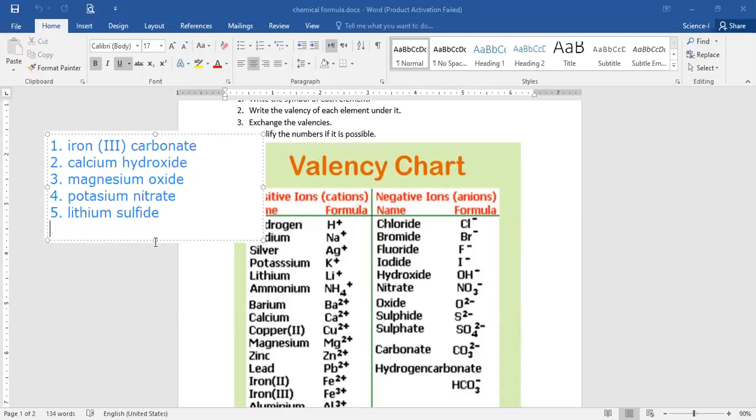That's enough. These five chemical compounds, I need you to try to write their formulas by tomorrow. I'm going to check them. Tomorrow, inshallah, we're going to keep practicing and learn how to write the chemical formula of covalent compounds. Today we are working on ionic compounds. Then we will practice all over the two types.